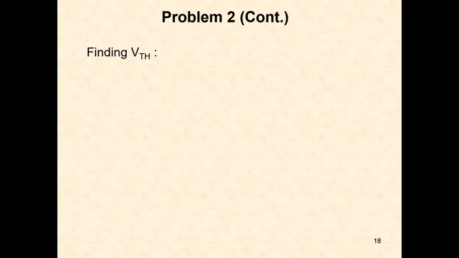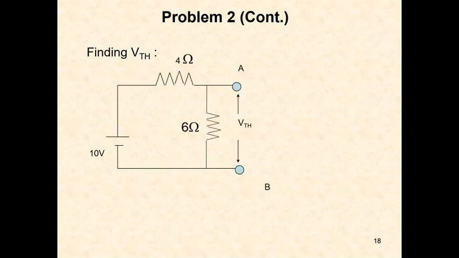Now for finding VTH, Thevenin's voltage. With the load open circuited, the 10 volts is applied across 4 plus 6, so the two resistors are in series. The current is 10 volts by 10 ohms, that is 1 amp.